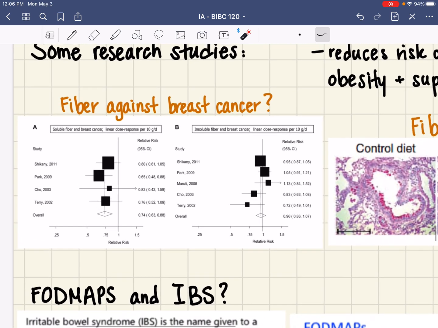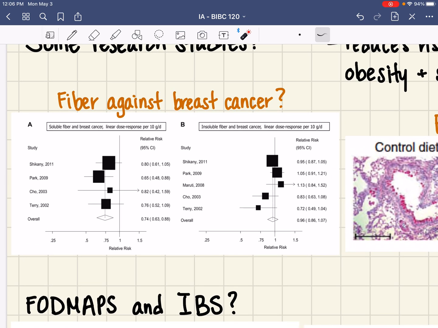I will zoom in right here. You can see that there were many studies taken into account in this meta-analysis. And this forest plot, here's one and here's another one, was built to show the relative risk of breast cancer if the individuals had consumed soluble fiber versus insoluble fiber.